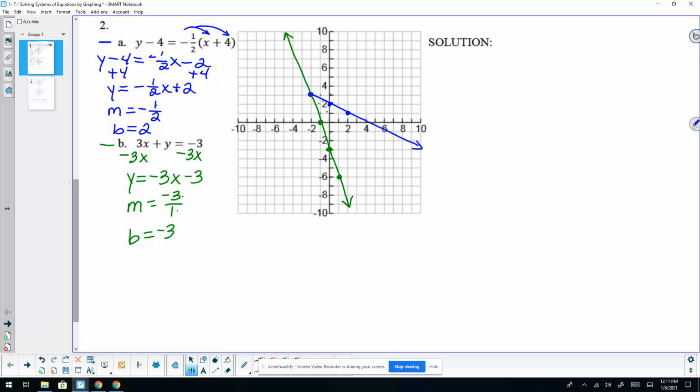And my solution will be at the point where they have met, which is -2, +3. So my solution would be -2, +3. All right. Let's go ahead and move on to the back.